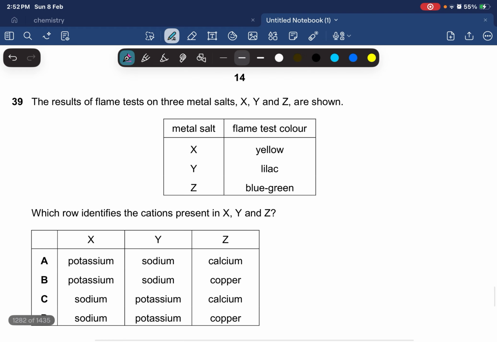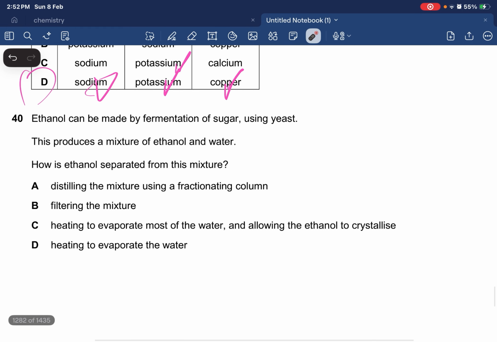Flame test: lilac, potassium; blue-green, copper; yellow, sodium. Do you even need to think about this? Ethanol can be made by fermentation of sugar using yeast.